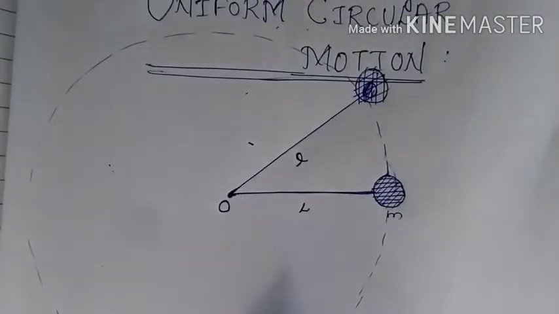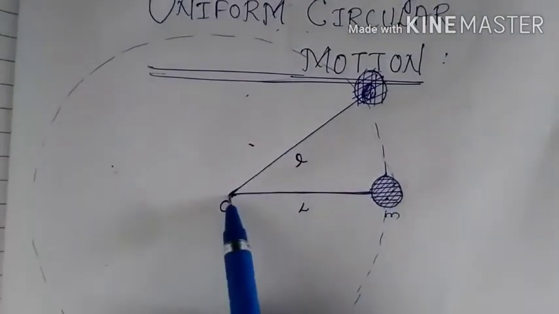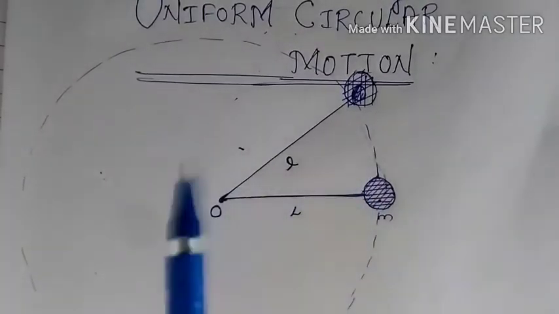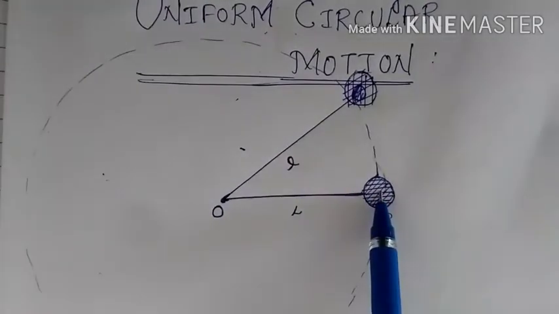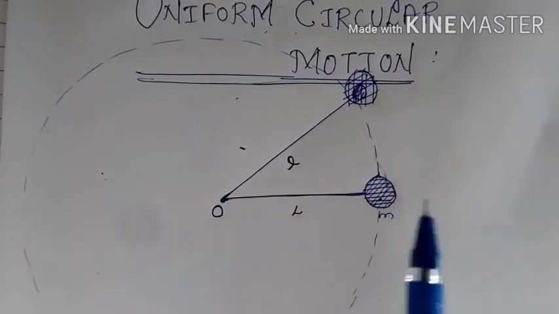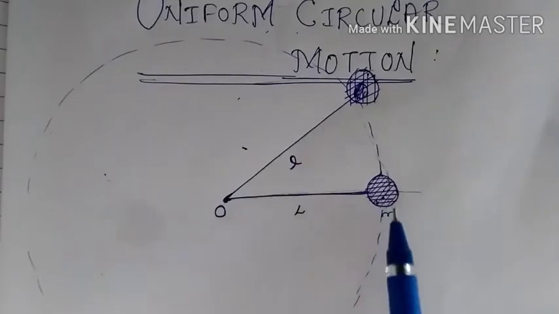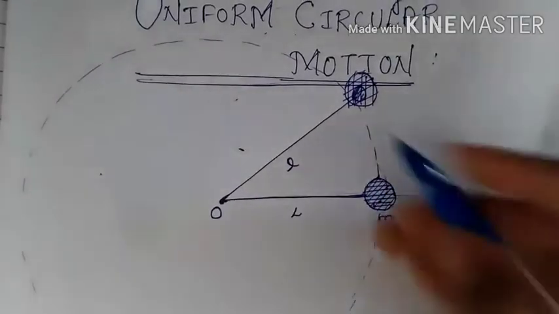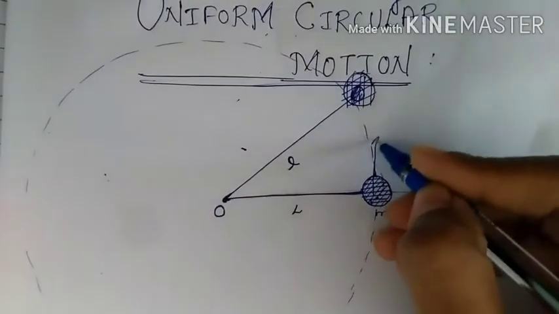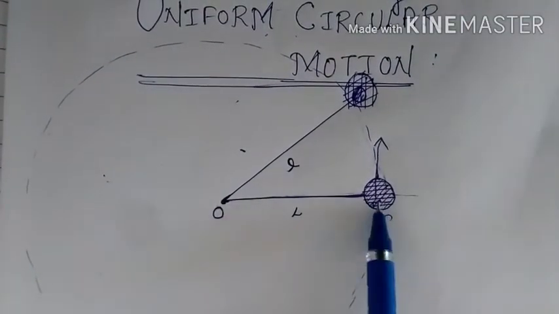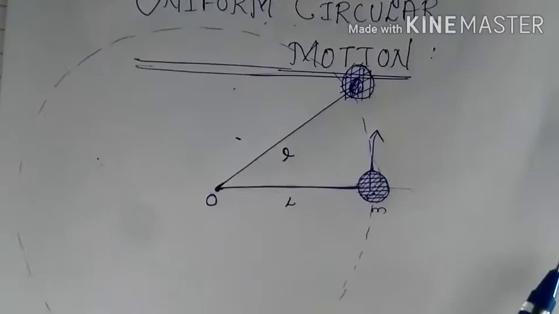You have a ball tied to the thread, and if you rotate this ball continuously, then at every instant the ball changes its direction. The direction of the ball goes perpendicular to the radius of the curvature that it has formed.